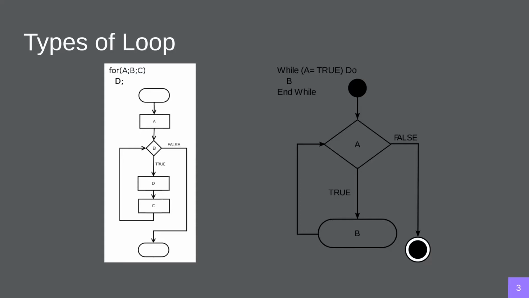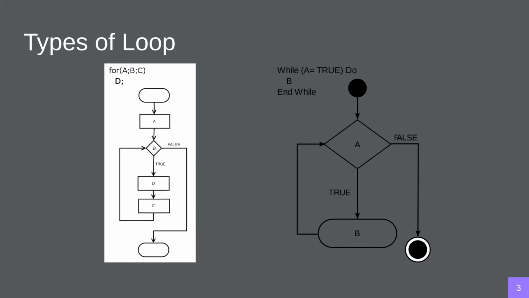While some condition is true, keep doing this. The difference between the for loop and the while loop is we use for when we know how many we have, and we use while when we're waiting for a condition.